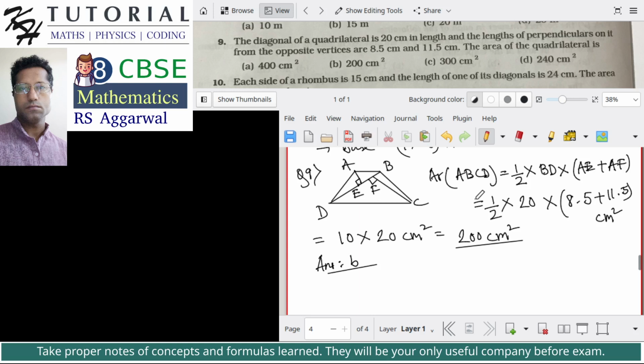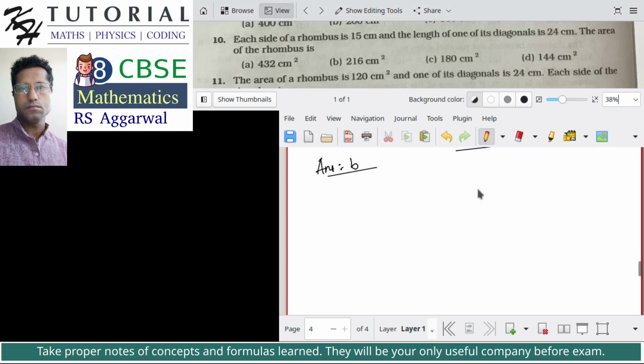Okay. Let's do question number 10. Each side of a rhombus is 15 centimeter and the length of one of its diagonals is 24 centimeter. The area of the rhombus is, each side of a rhombus is 15 centimeter. So we know that, let's say this be the rhombus, and the diagonals will bisect each other at right angles.